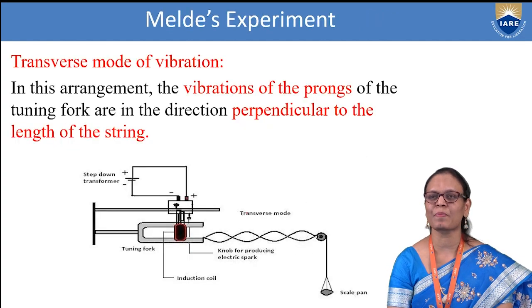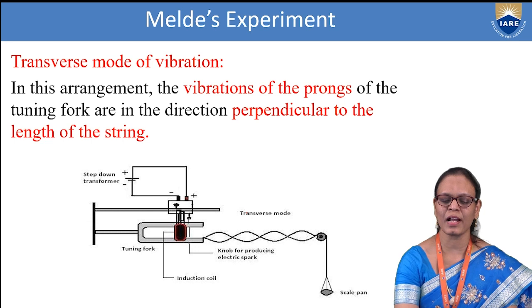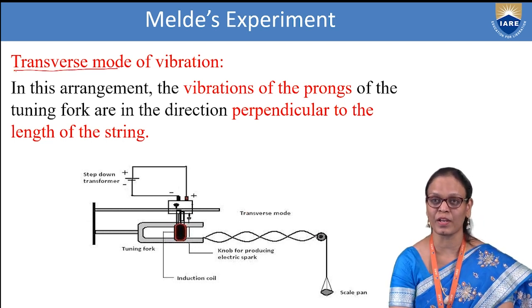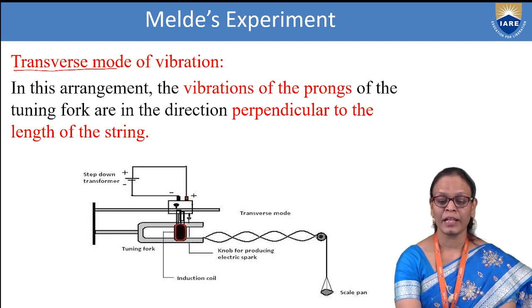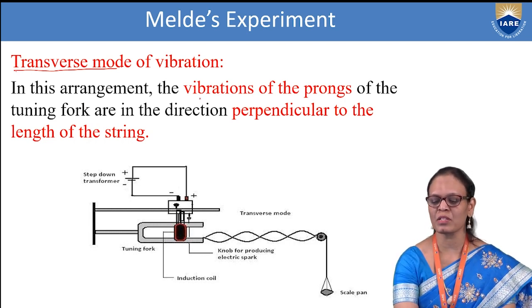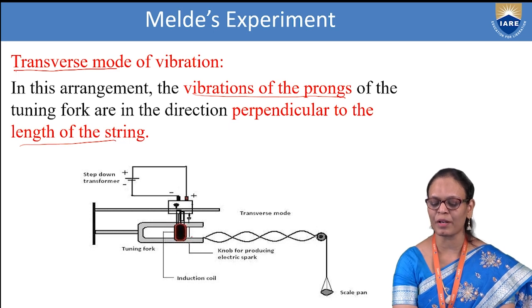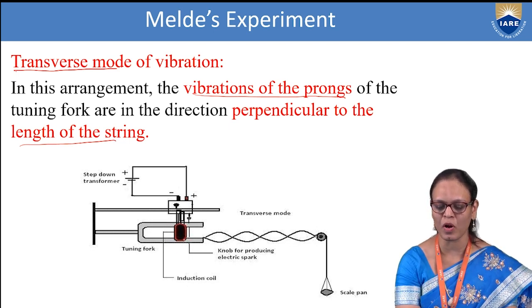Now let us do the experimental setup for transverse mode. How do we set up to get transverse waves? In this arrangement, the vibrations of the prongs of the tuning fork are in the direction perpendicular to the length of the string. These are the prongs, this is one prong and this is the other prong. I told you they vibrate about their mean position.